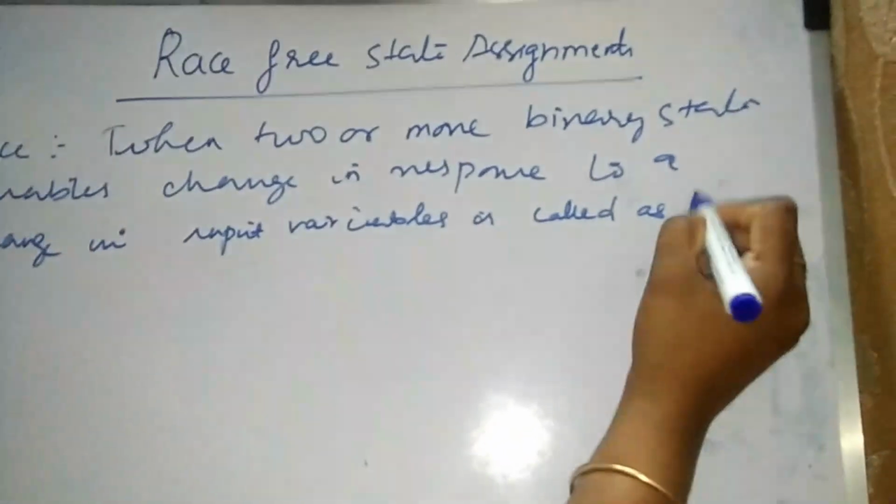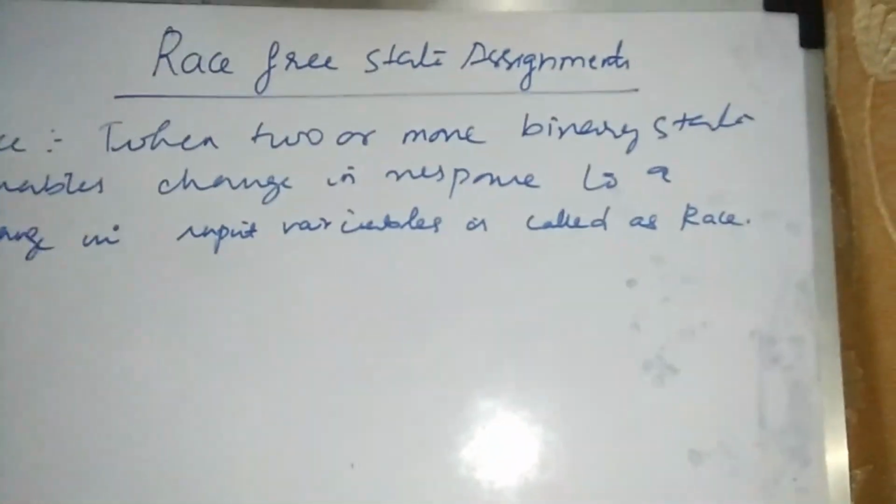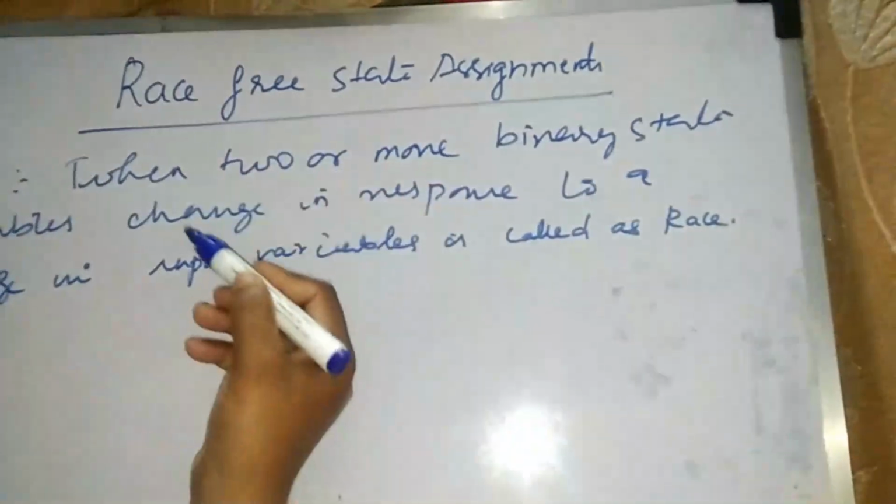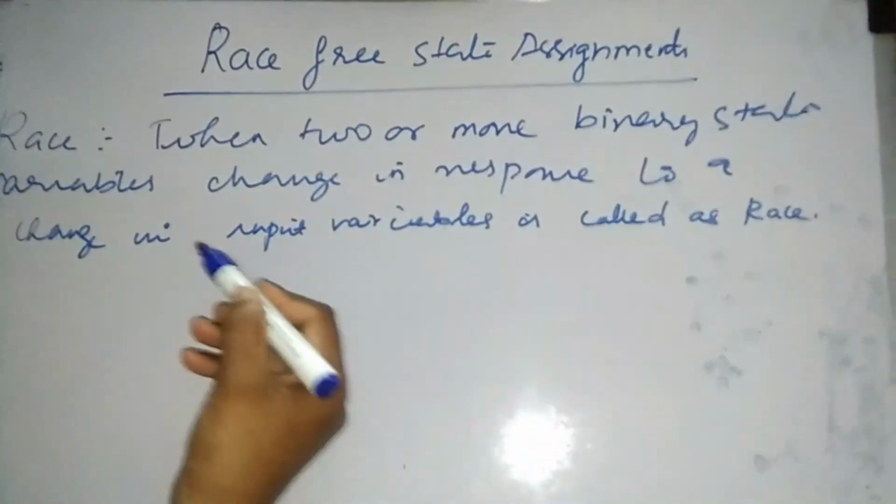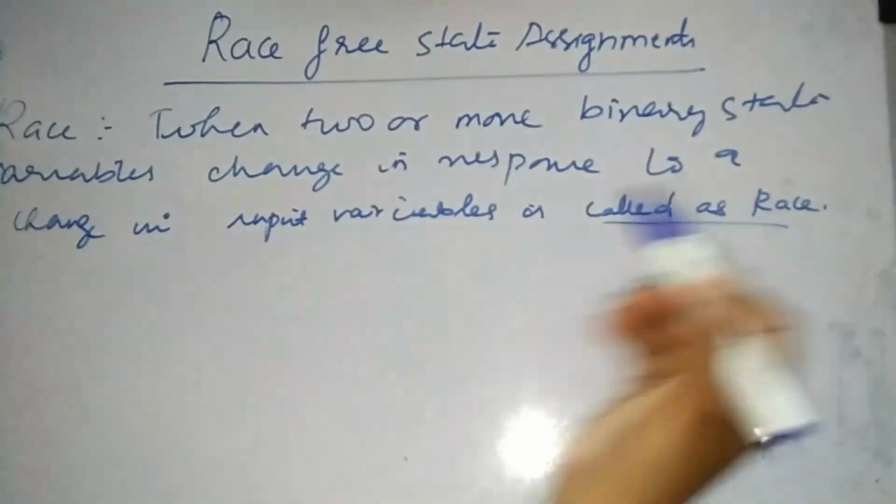We already discussed this in the previous topic, right? When two or more binary state variables change in response to the change in input variables is called as race.